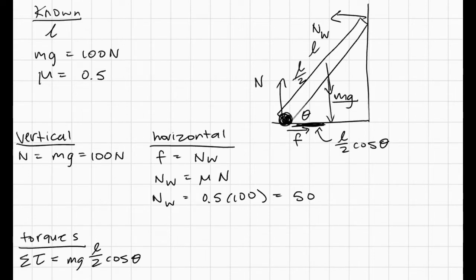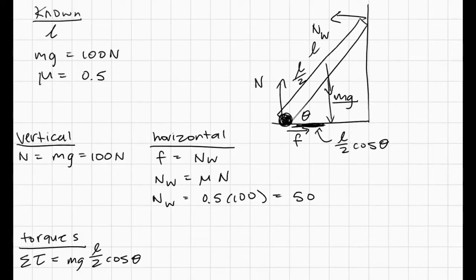Next, we have the normal force of the wall. We want to find the torque of the normal force of the wall. We know the perpendicular distance from this force to our pivot point is this thing, which by simple trigonometry is L sine theta.